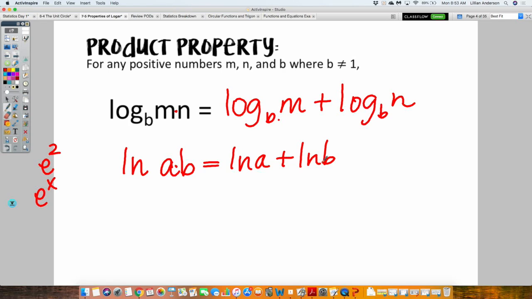Now, if you're looking at the difference between log and ln, you might notice ln doesn't have a base. It doesn't have to, because it only matches up with one exponential function, and that's e. Okay? Any questions on this? So the rule applies with log as well as ln. All right?